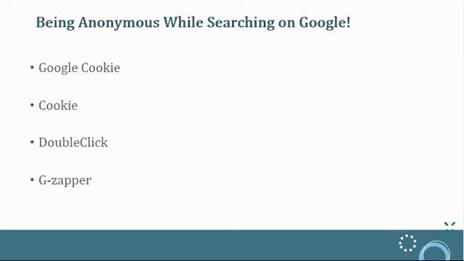DoubleClick was first in the online media representation business, that is, representing websites to sell advertising space to marketers. On any web page you visit, you might see some ads coming in, right? That is what this is about.